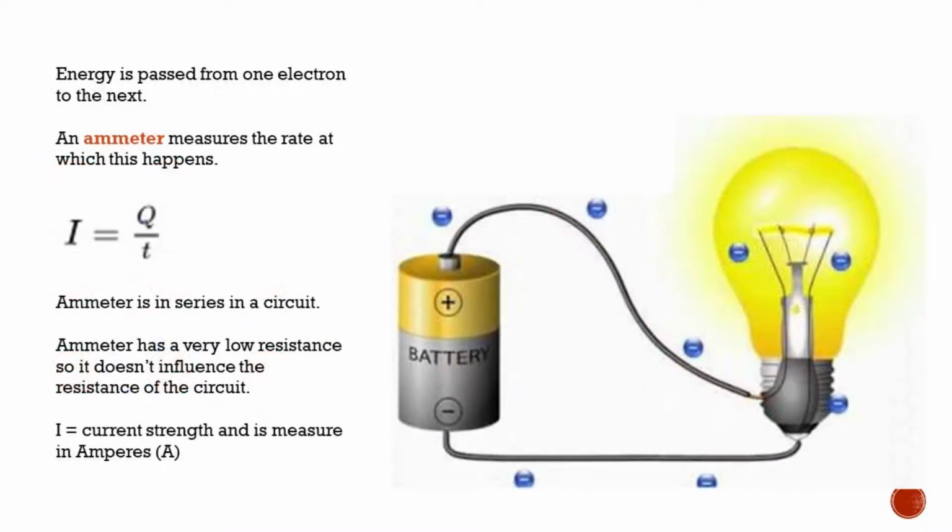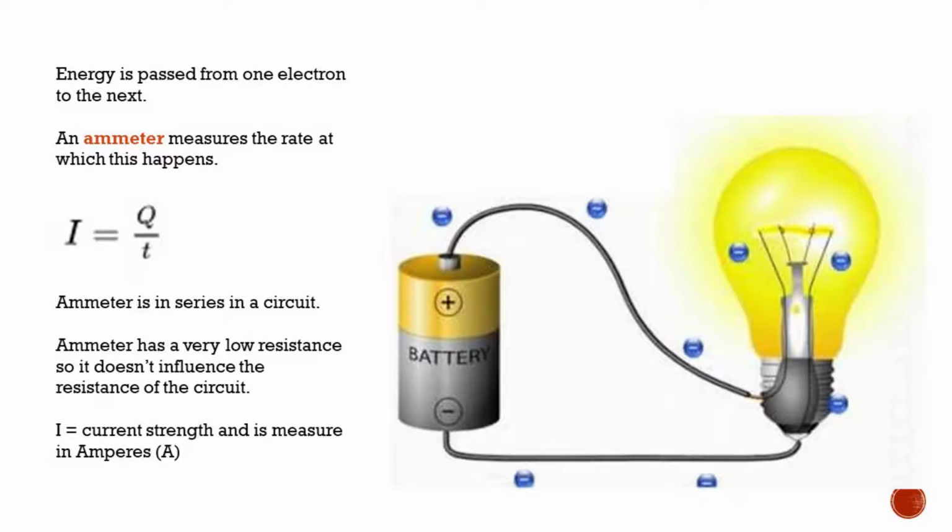Right, so the energy gets passed on from one electron to the next. An ammeter measures the rate at which that happens. So it's literally like the ammeter's chilling in the circuit going, right, energy's passing, more energy, more energy. So hence we talk about I, the current strength, being equal to Q over t, so the rate of flow of charge in the circuit.